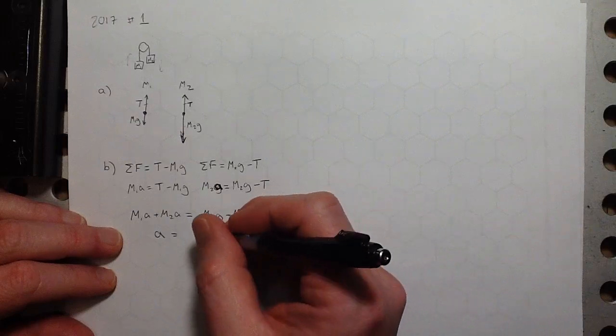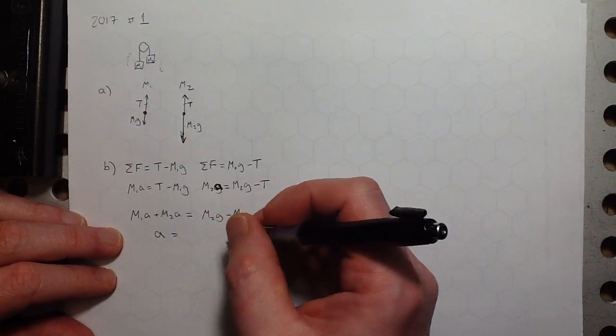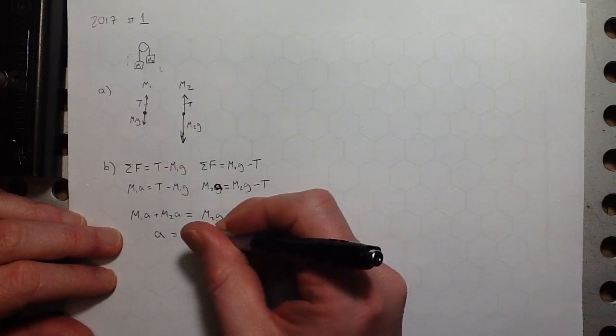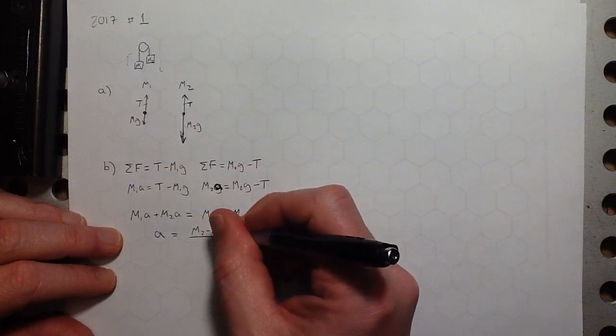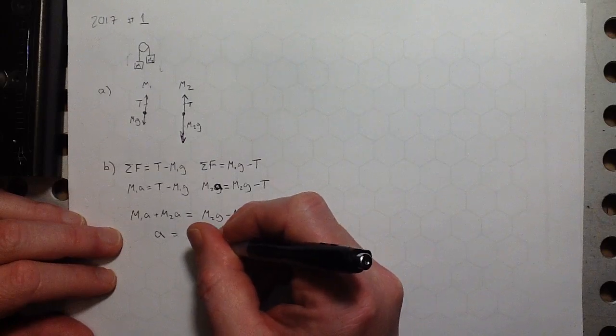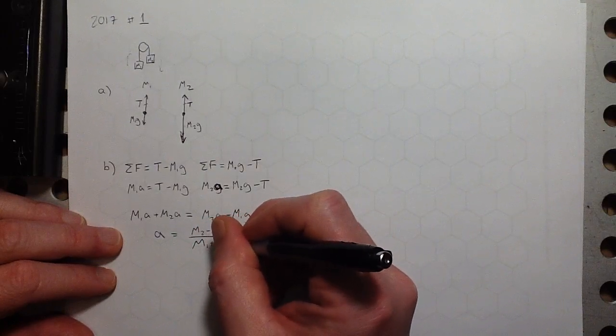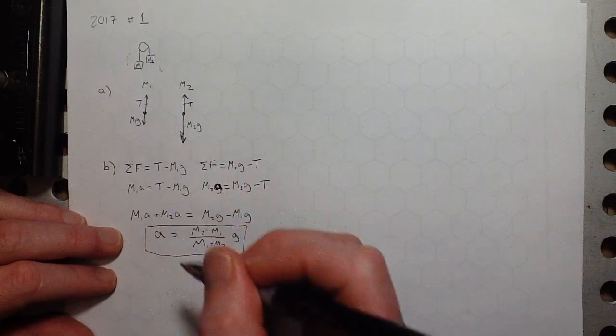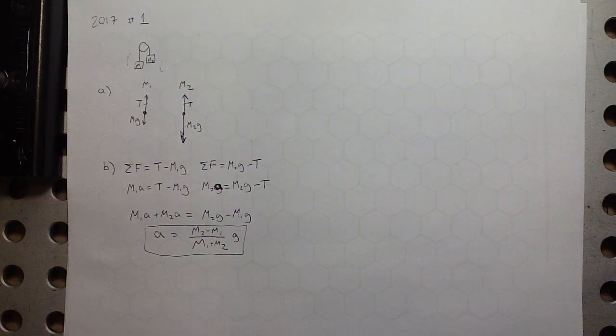And I can also factor a G out, especially even if you didn't think to do that, they have it in the form that they want us to get. So there it is. Great.